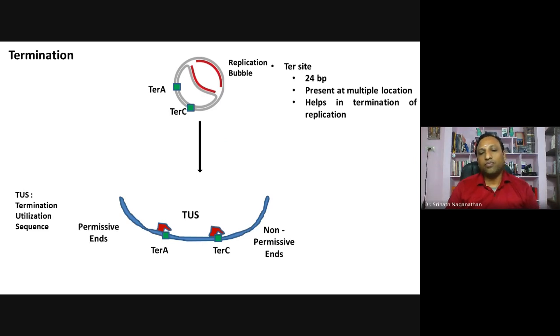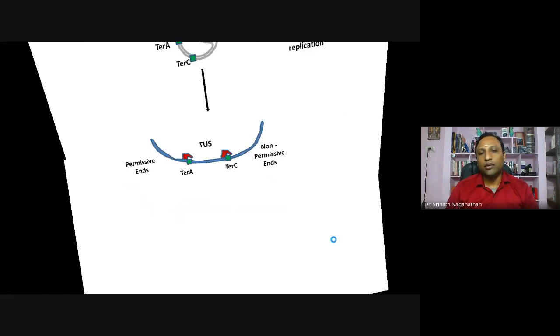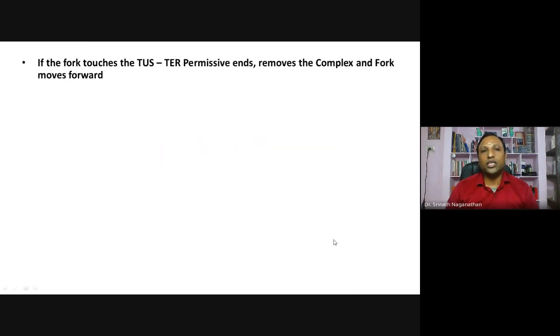If it is present like this, it is called the permissive end, and if it is not, then it is the non-permissive end. So let's see how it works.